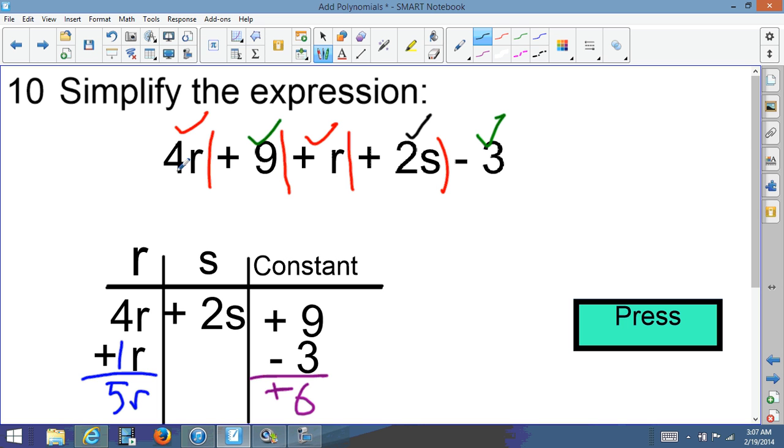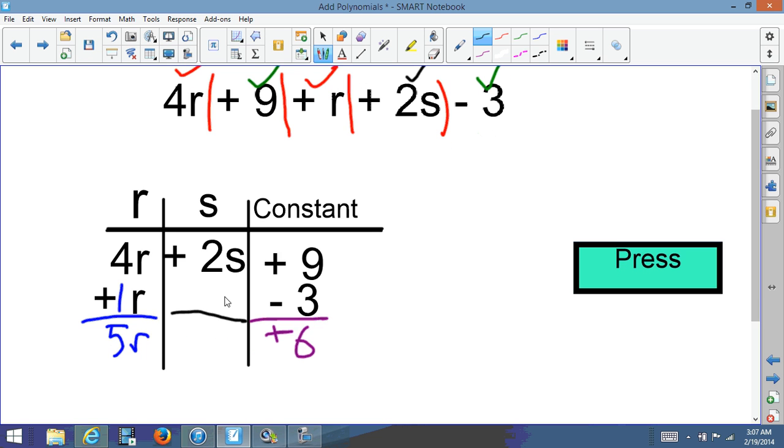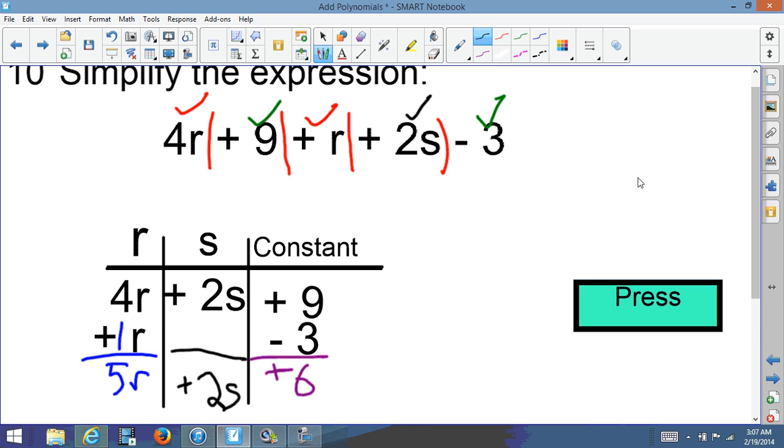And notice everything is checked off, and now we can just add up this column because we're simplifying the expression. We have positive 2s plus nothing is just positive 2s. So our answer is going to be 5r plus 2s plus 6.